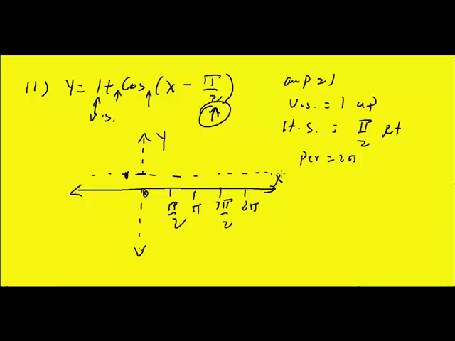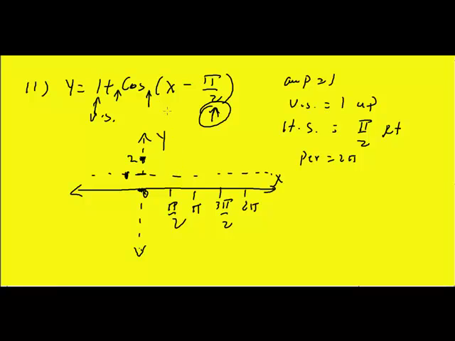I'm cutting everything in halves. Then my amplitude is just 1, so I go up 1, that puts me at 2, and go down 1, that puts me at 0. So that's my high value, and this is my low value.